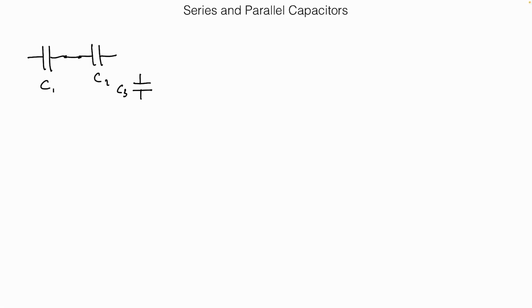Uh-oh. Capacitor's oriented differently. How do I connect it in series? Usually that's drawn with a nice corner to it. And then if I had one down here, how would I connect it in series? Connect a wire between them, right?